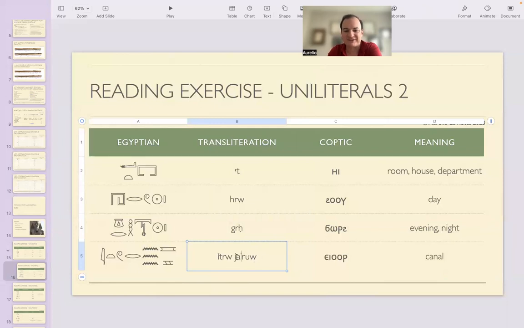That would make some sense, because sometime around Ramses III, an A in Egyptian shifts to an O sound. So yeah, itru I think would be fair, unless somebody else disagrees.